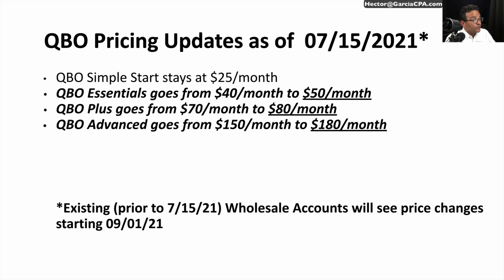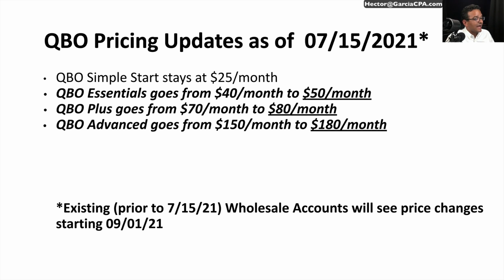So for all new accounts created from 7/15 and on, all the new price changes will be reflected. For existing accounts that are in wholesale, the price changes will show up in September. For existing accounts, for regular clients that pay on their own, they're going to see the price change starting in August.